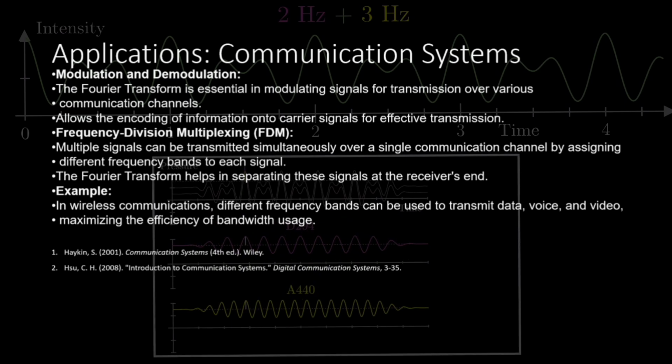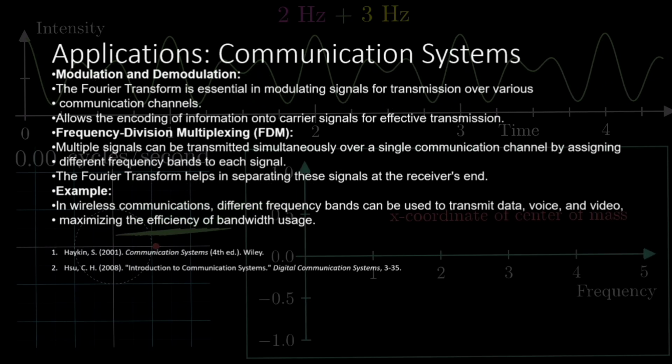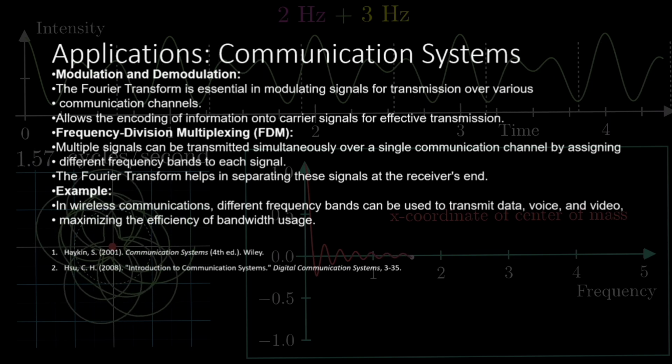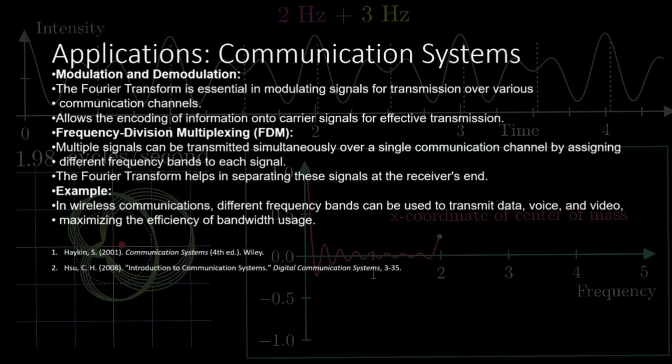Another important application is frequency division multiplexing, FDM. FDM allows multiple signals to be transmitted simultaneously over the same communication channel by assigning different frequency bands to each signal.